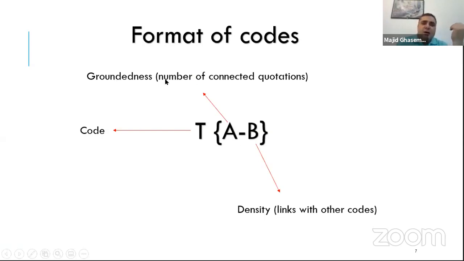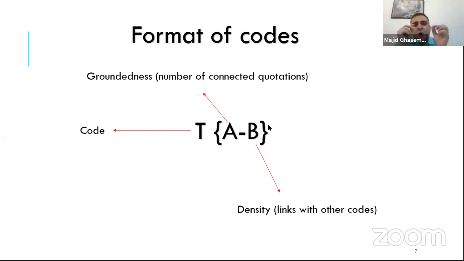A refers to the groundedness, which means how many quotations in an Atlas TI project have been labeled with this particular code. And density is B here. Density means to how many codes this particular code is linked.